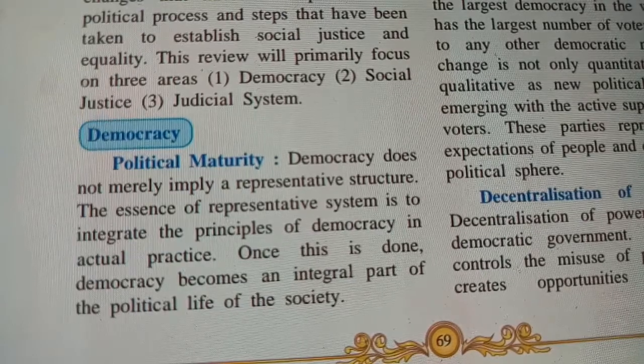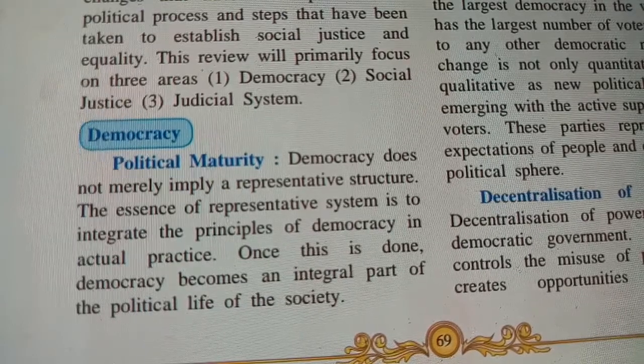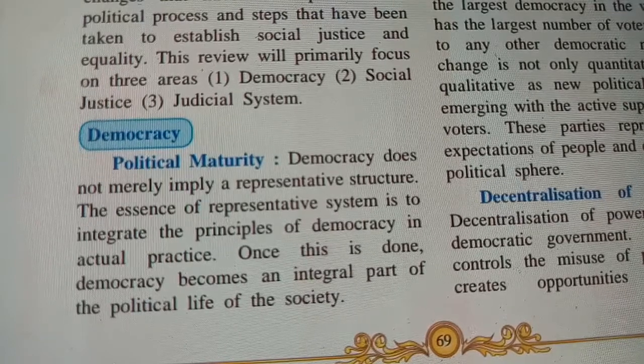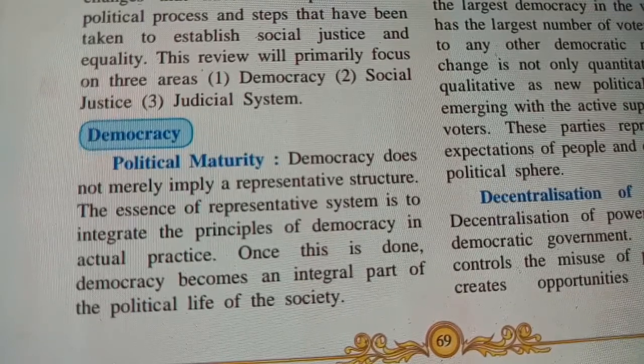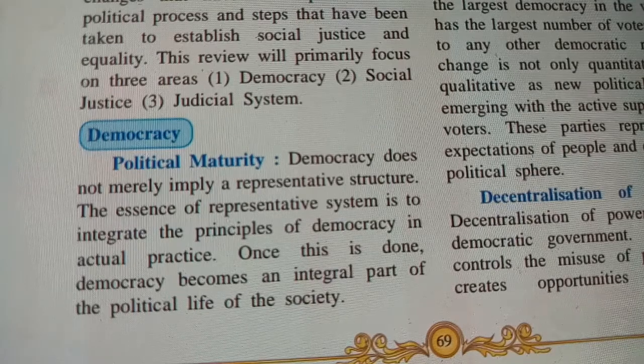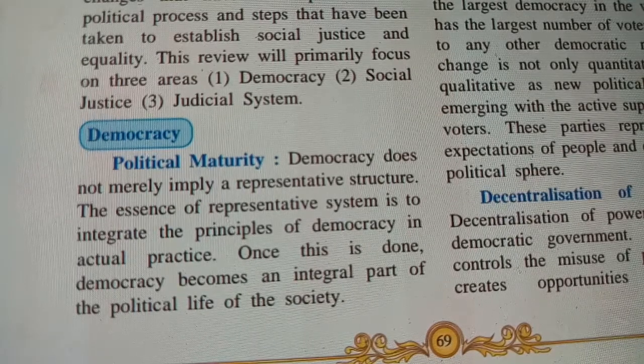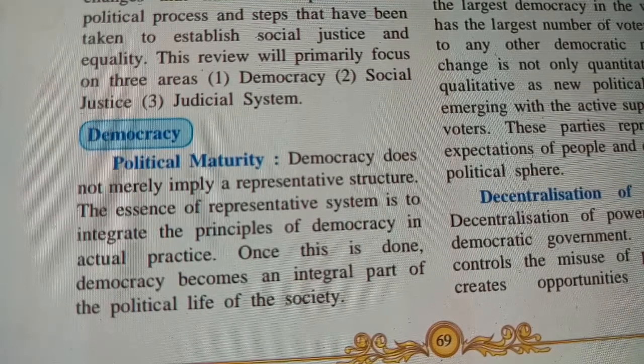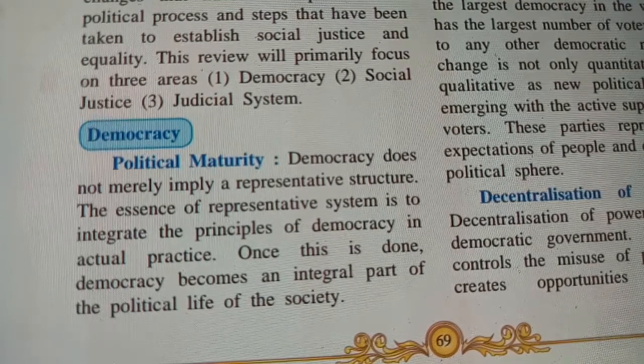So the representative acts on our behalf in the parliament to get work done. Once this is done, democracy becomes an integral part of the political life of the society.